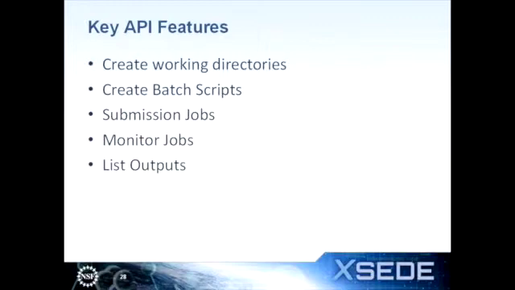We currently support qsub and sbatch for Slurm, and we support monitoring jobs, very basic monitoring, where you give the job ID and get the status for a quick check. But in the next set of slides I'm going to talk about how we do proper monitoring with another tool. So these are the basic functionalities we support in the job submission API.